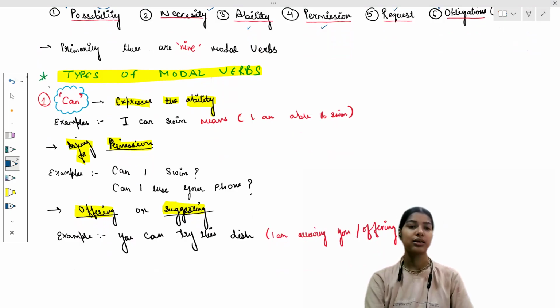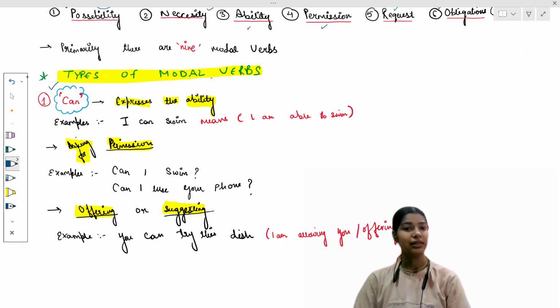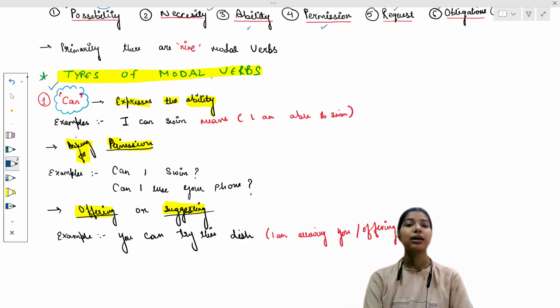First is can. It expresses ability. For example, if I say I can swim, here can is showing the ability that I am able to swim.